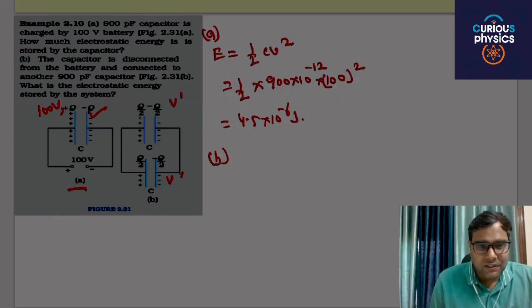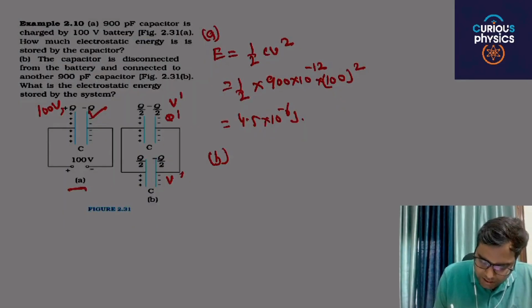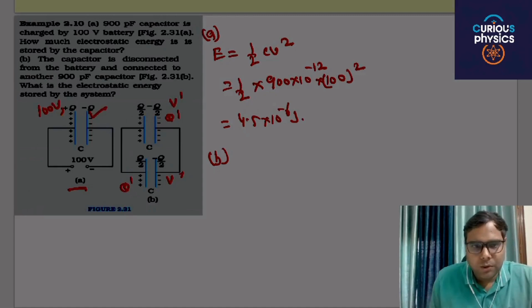According to conservation of charge, let's say the charge is Q dash in the first one and Q dash in the second one. Okay, are you able to get my point?